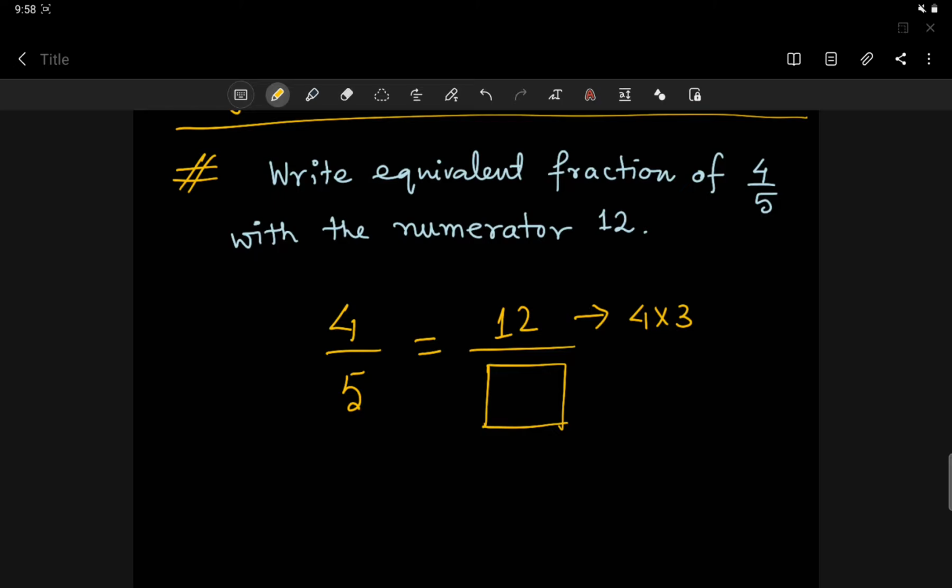So here it is 5. You have to multiply 5 by 3, then it will come 15. So 12 by 15 is the equivalent fraction of 4 by 5.